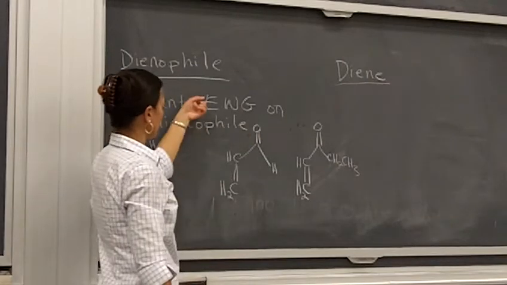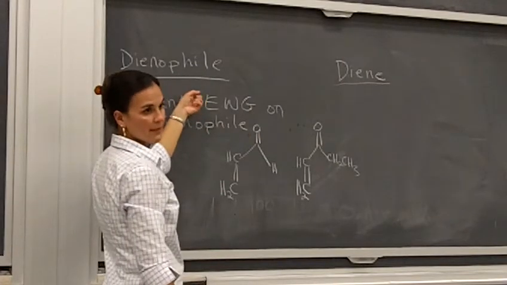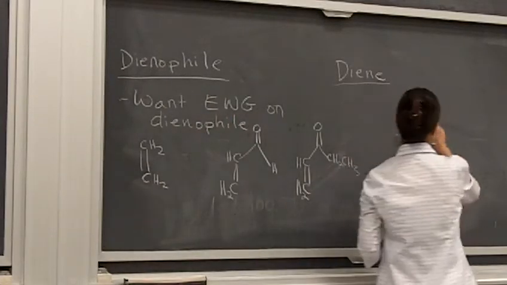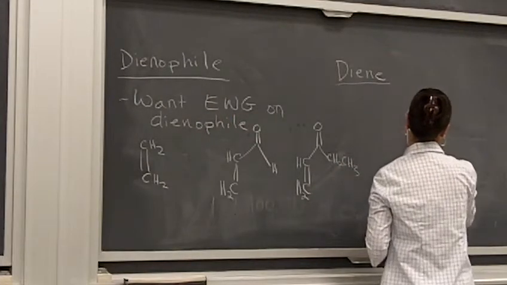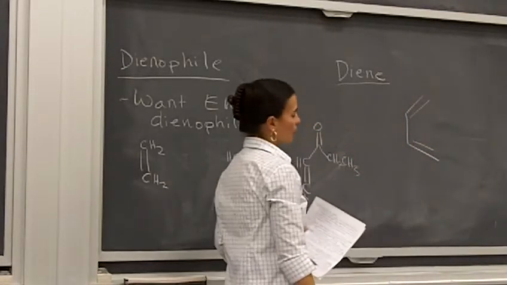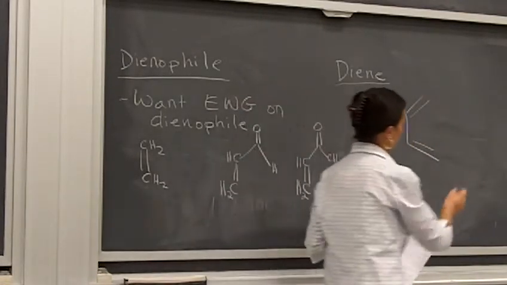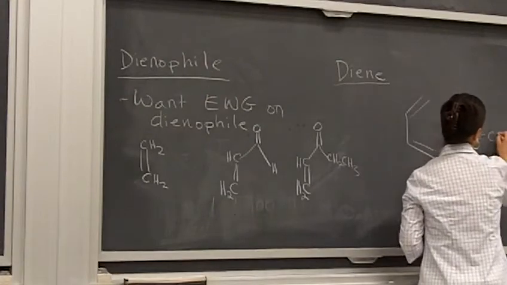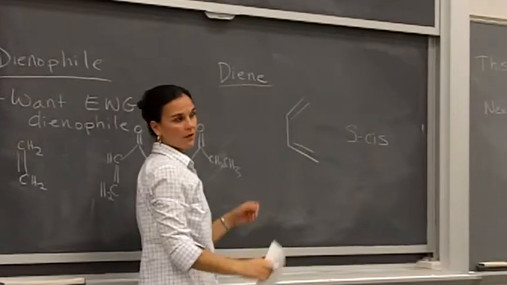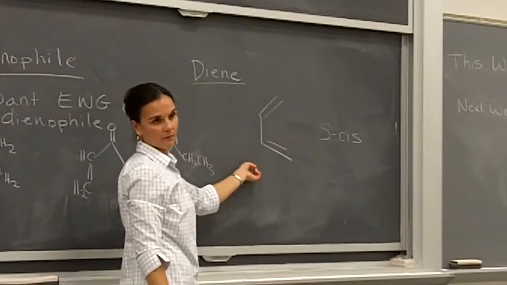So key to this being a good reactive species is the electron withdrawing groups. The diene has to take on a certain conformation in order to react with the dienophile. So it is set in the S, it's called the S-cis conformation. That's what you want for your diene to react.